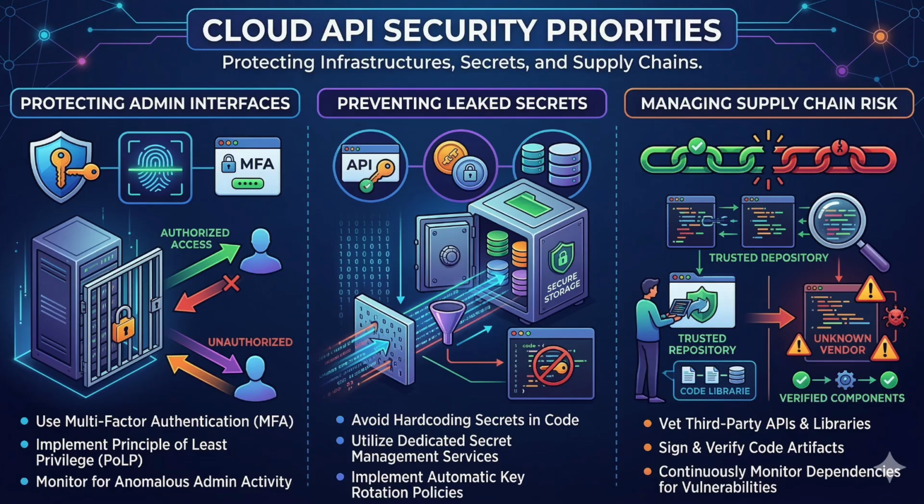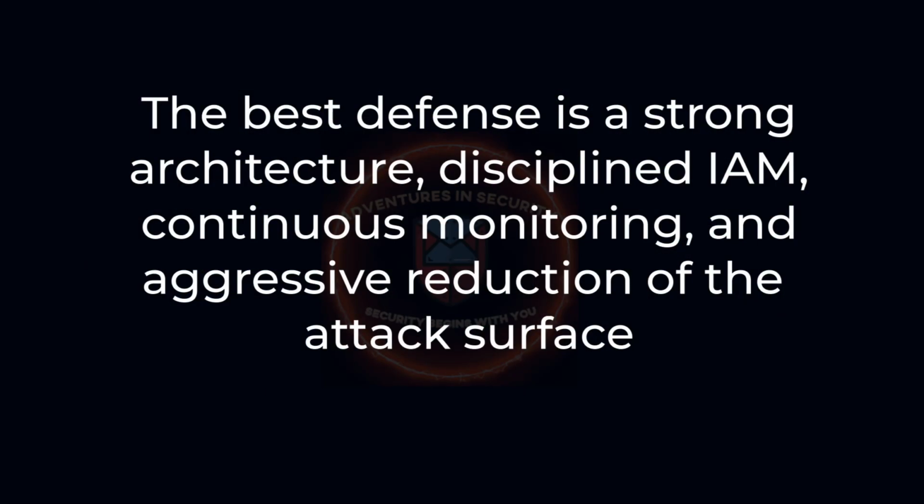CSA's top cloud threats work also highlights misconfiguration, IAM challenges, insecure interfaces, third-party risk, and advanced persistent threats. The lesson here is simple. Cloud threats often exploit complexity, speed, and weak governance. The best defense is strong architecture, disciplined IAM, continuous monitoring, and aggressive reduction of unnecessary exposure.